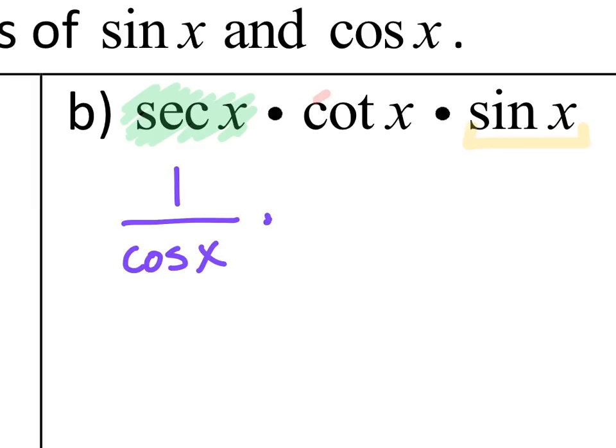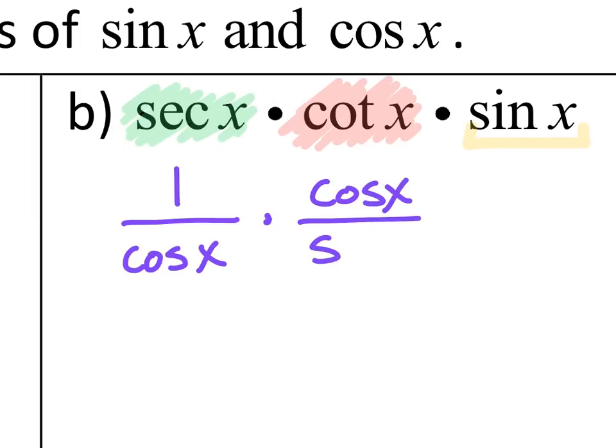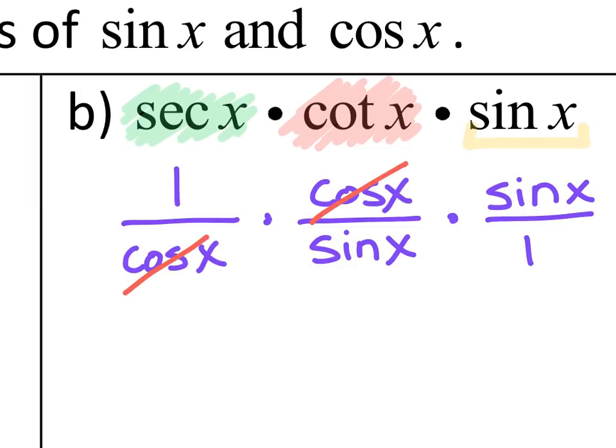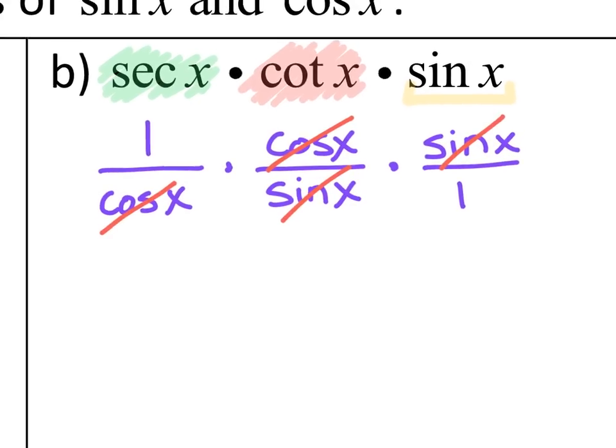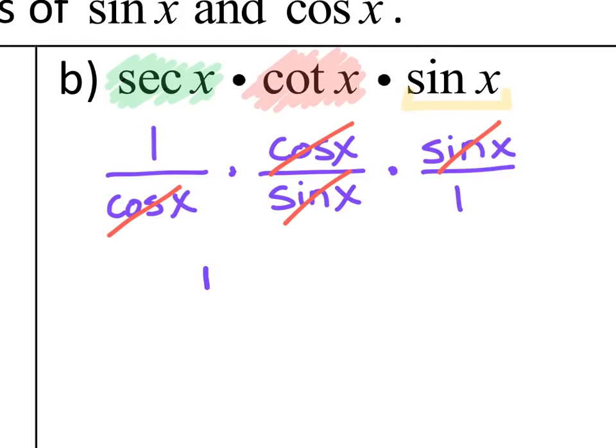And then cotangent of x that we just talked about in the previous problem is cosine of x over sine of x. And I'll rewrite this sine of x as sine of x over 1. Notice here that I can cancel that cosine with that cosine, and I can cancel that sine with that sine. And when I do all of that, I just have 1 over 1, and so my answer to this problem is just 1.